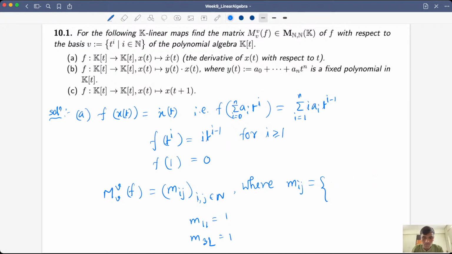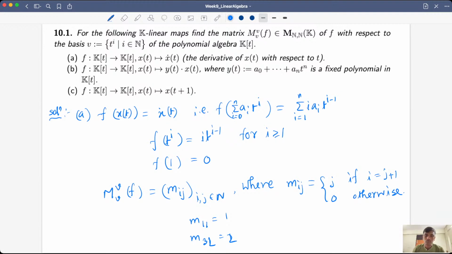So this is 2, so it is j if i equal to j plus 1, and 0 elsewhere, otherwise.